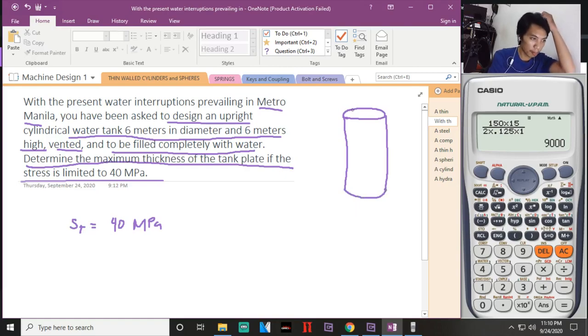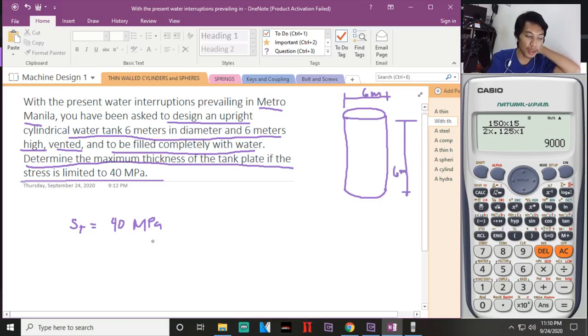That is 6 meters in diameter. 6 meters. Tapos 6 meters high. Now, if that's 6 meters high, anong kulang natin? Now, yung pressure, binigay sa kanya, this is ST, pero hindi natin alam ang internal pressure.